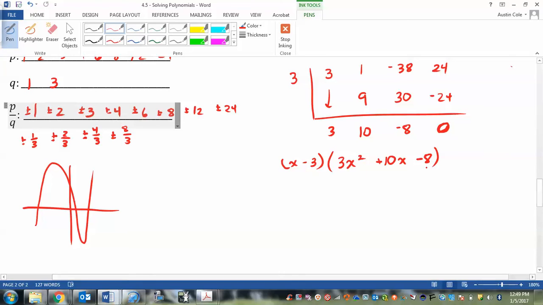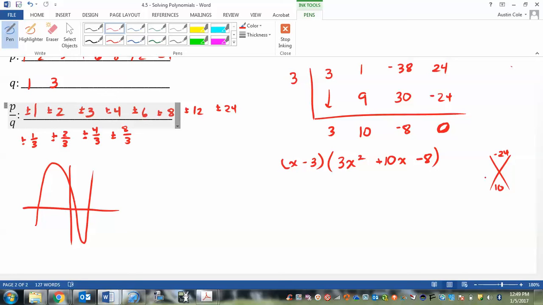Now, again, our goal is to find all the zeros. We're going to have to marf that. So when I marf it, 3 times -8 is -24. Factors of -24 that add up to 10. 6 and 4? That doesn't work, does it?